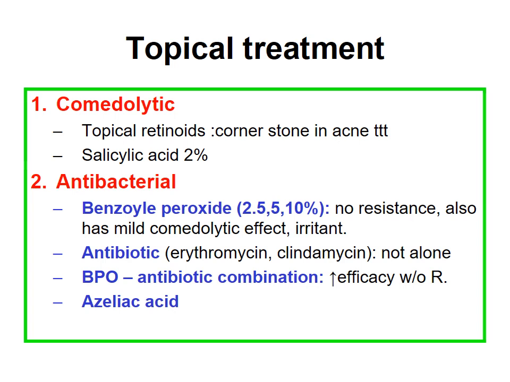Antibacterials also have a very important role, especially benzoyl peroxide in different concentrations ranging from 2.5, 5, to 10%, with no resistance. It also has a mild comedolytic effect, but sometimes it is irritant. Antibiotics: erythromycin, clindamycin. Sometimes there is a combination of benzoyl peroxide and antibiotic, and this combination increases efficacy and decreases resistance, plus azelaic acid.